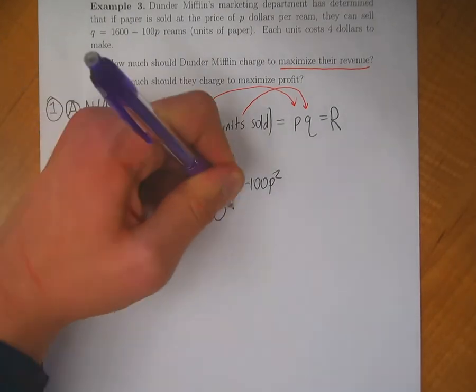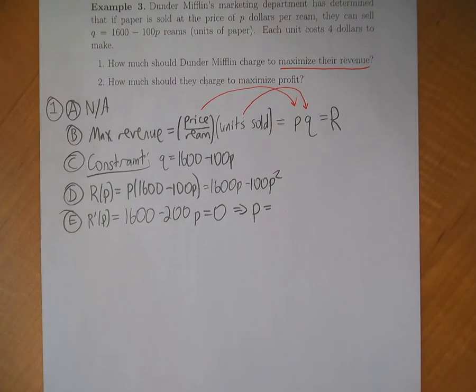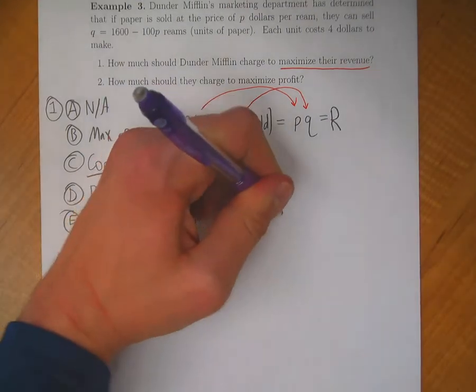So if we set that equal to 0 and solve for P, we should end up with P equal to what? Yeah, that's what we need, 8.